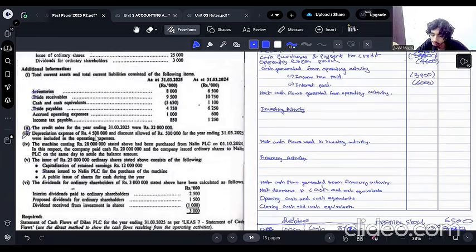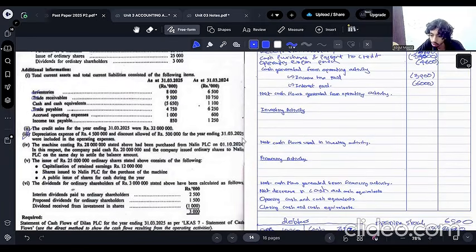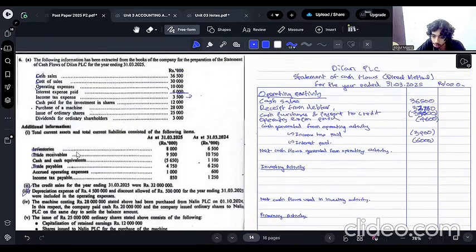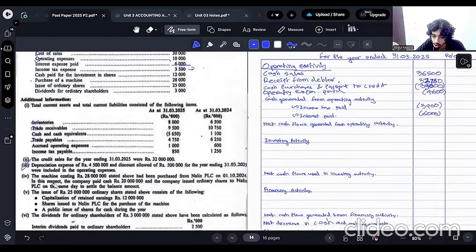The machine costing 28 million stated above has been purchased from Nalin PLC on 1st of October 2024. In this respect, the company paid cash of 20,000 and the company issued ordinary shares to Nalin PLC on the same day to settle the balance amount. Which machine are they talking about? The machine costing 28 million stated above.